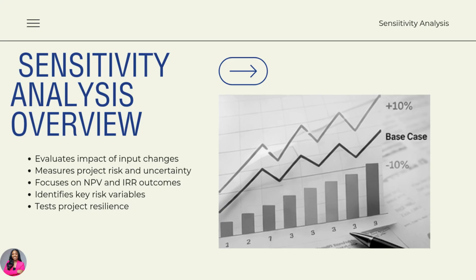By adjusting variables like sales, costs, or discount rates, managers can see how sensitive a project is to change. This helps us identify which variables possess the greatest risk and allows decision makers to better understand the uncertainties surrounding a project. Ultimately, a sensitivity analysis tests how resilient a project is under different conditions.